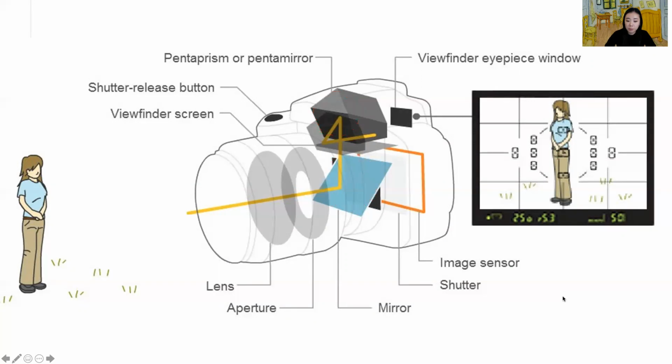So the light goes through the lens like this, and it reflects on the first mirror, and then it goes to the second mirror and it reflects on the opposite side of the window we see, like that. So we can see the object not upside down.